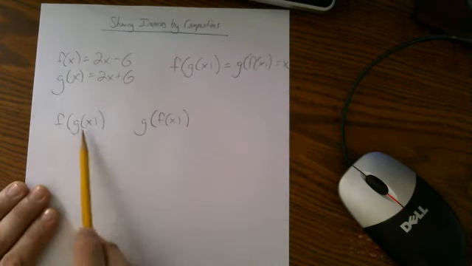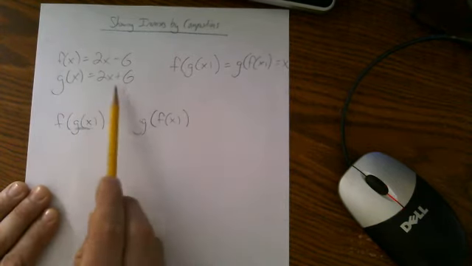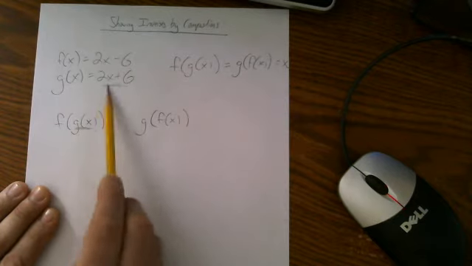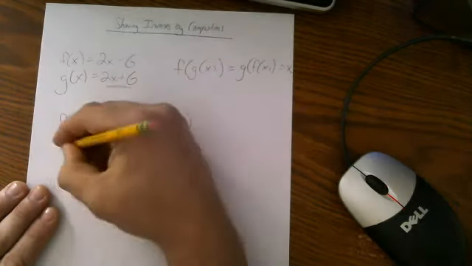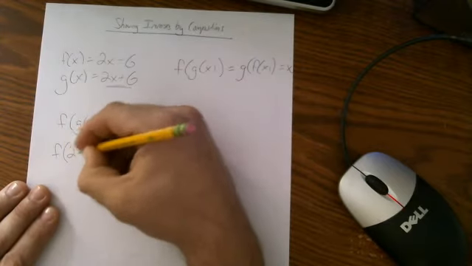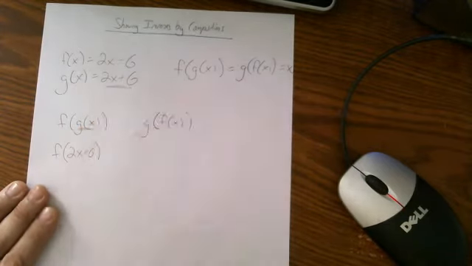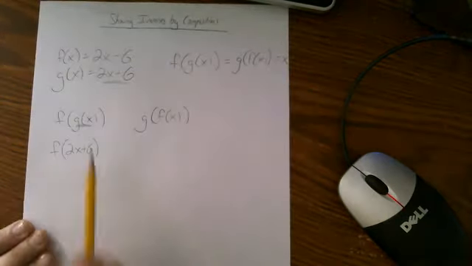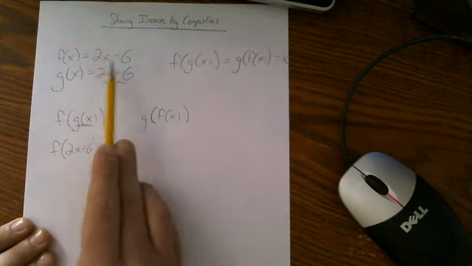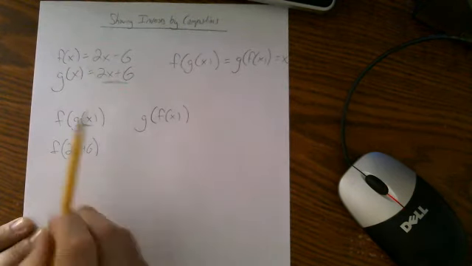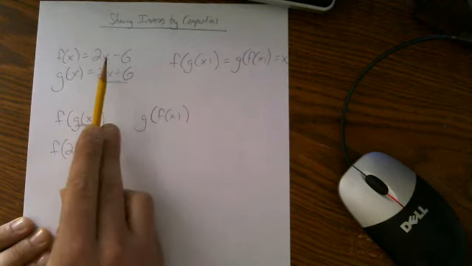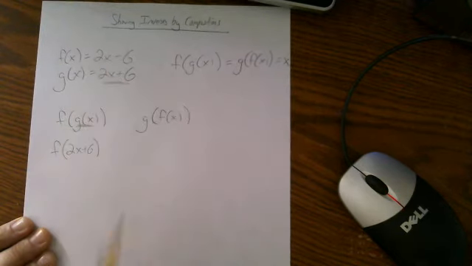Alright, so this notation here, we're going to start with the innermost. G of x is 2x plus 6, so that's where we're going to plug into the innermost parentheses. So in this direction, we want f of 2x plus 6. So the rule for f is 2x minus 6. So let's rewrite the rule for f with an open set of parentheses instead of x.